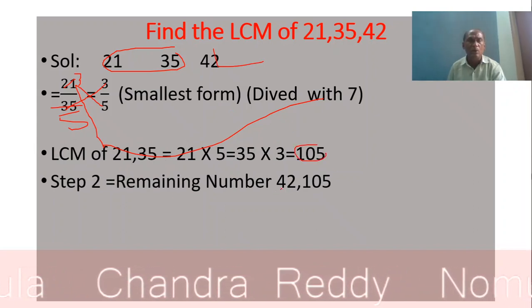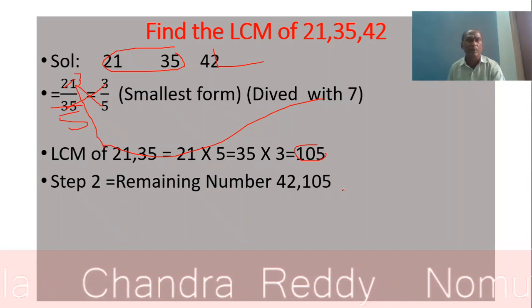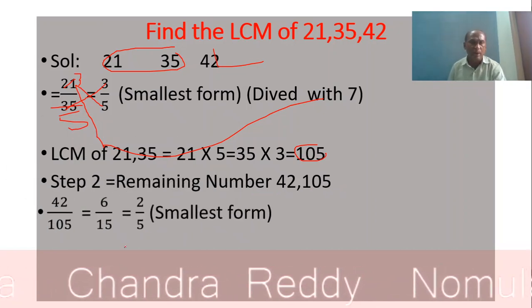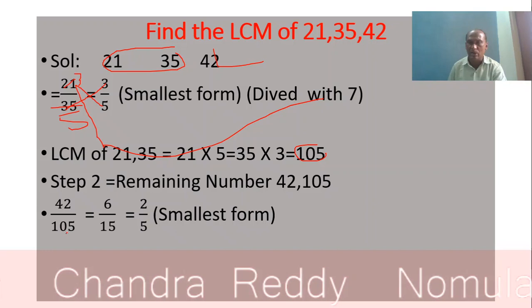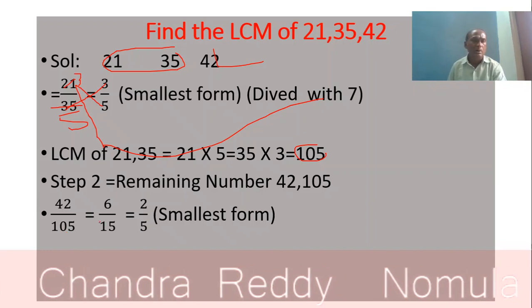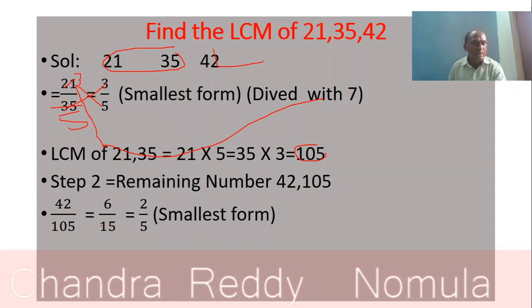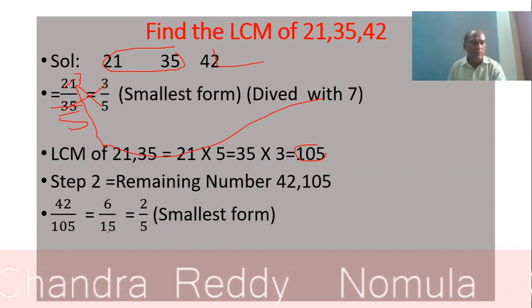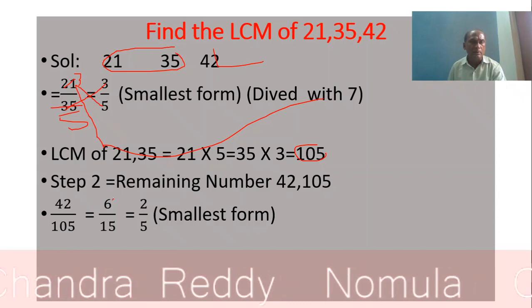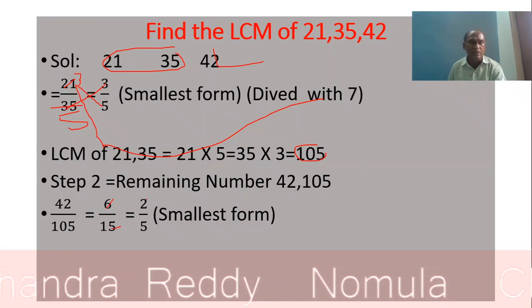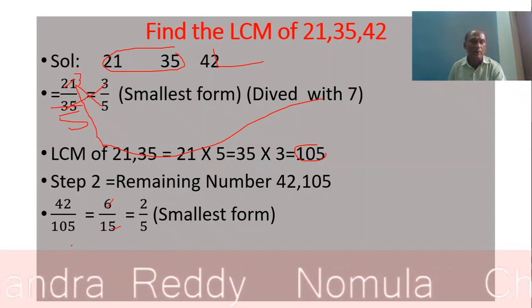So remaining numbers 42 comma 105. First of all write down the fraction 42 by 105. Here 7 6s are 42, 7 15s are 105. Next 3 2s, 3 5s, smallest form is 2 comma 5.